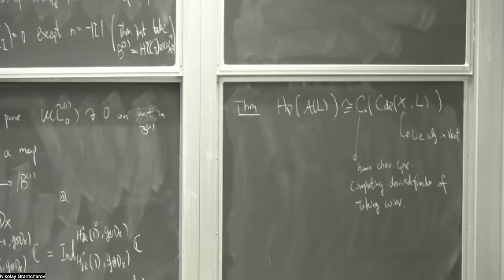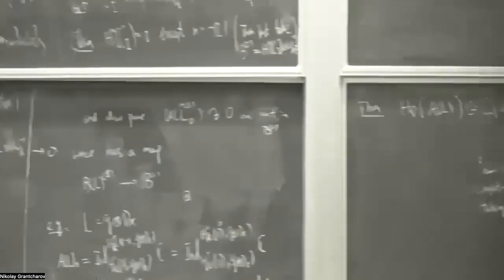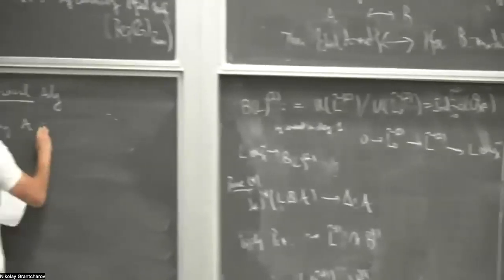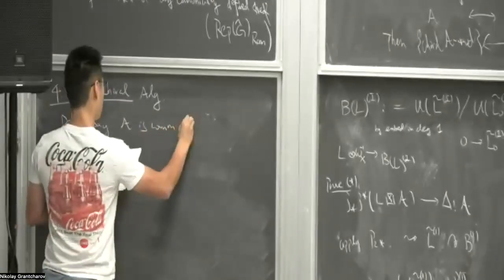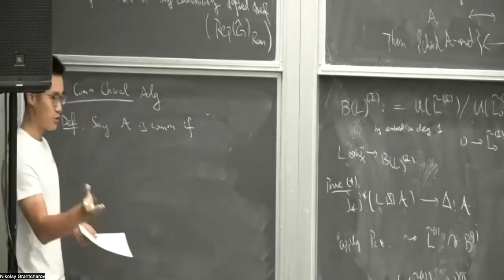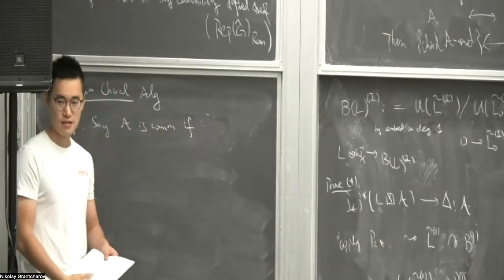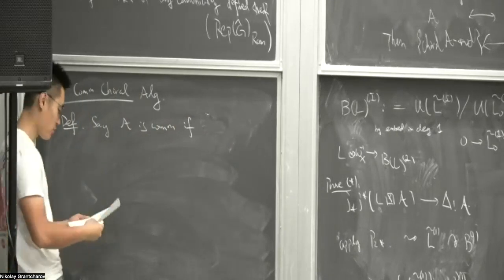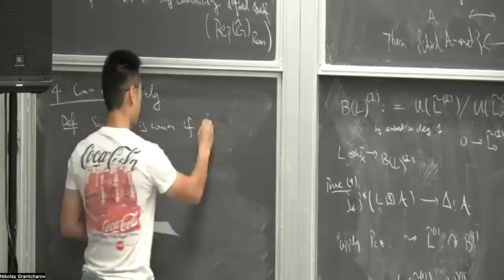Okay, so commutative chiral algebra. The definition is that A is commutative if the chiral bracket, when you restrict it to just A boxed, viewed as a Lie algebra, vanishes.